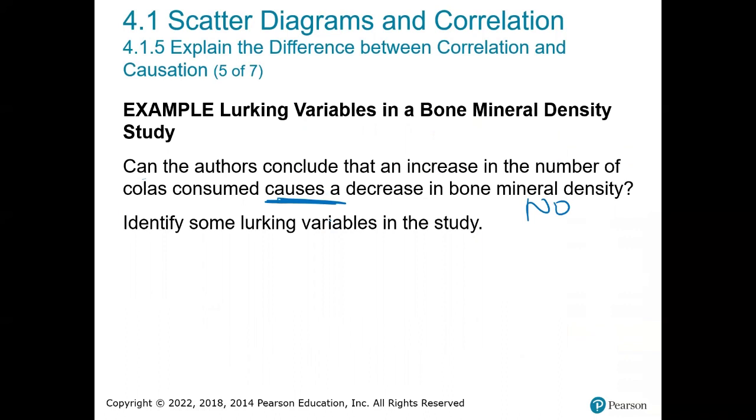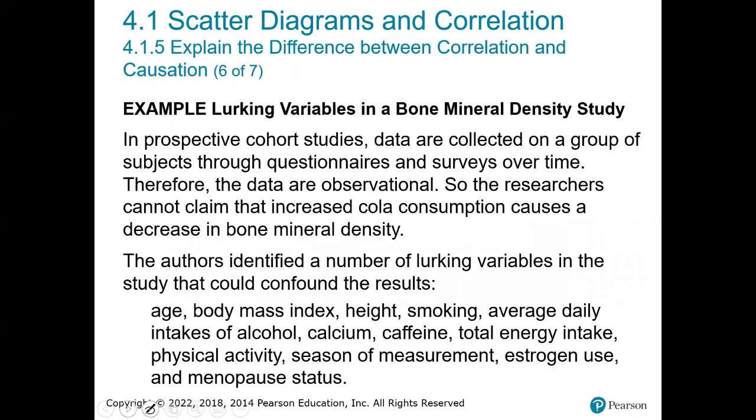What they want you to do is say, okay, what are some other variables that could impact this? What could cause a woman to have lower bone mineral density besides just how much soda she drinks? Here it's observational, so we cannot claim a cause.